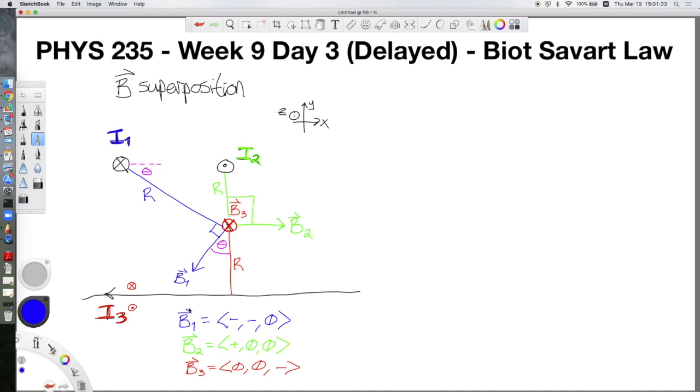But you can find all of these magnitudes of B1, B2, and B3 separately, break them into components using trig and just knowledge of what direction these vectors point, and then add them all up separately in the x and y directions using a table similar to something we've seen before with x, y, and z components, where we're going to add B1, B2, and B3, and that will give us the total magnetic field, where we add up each component separately.